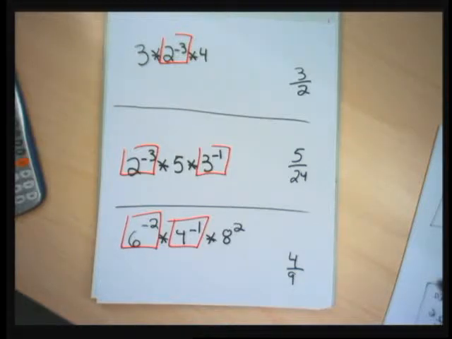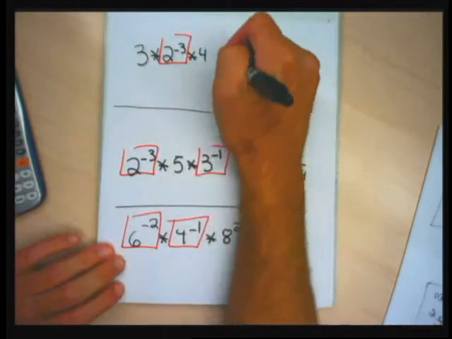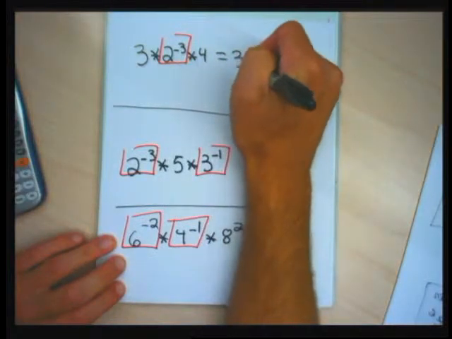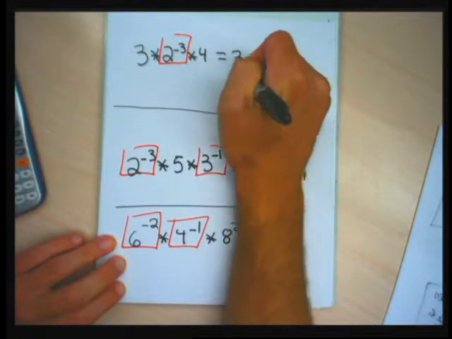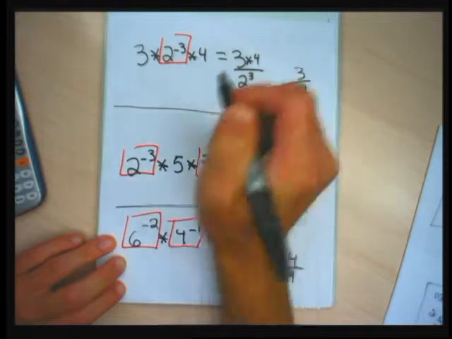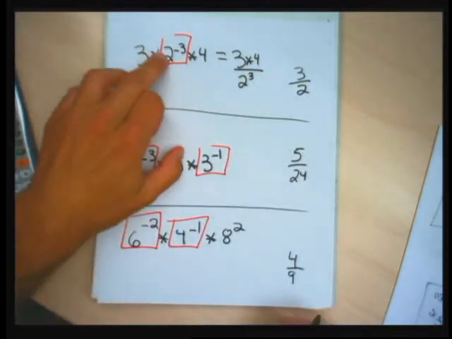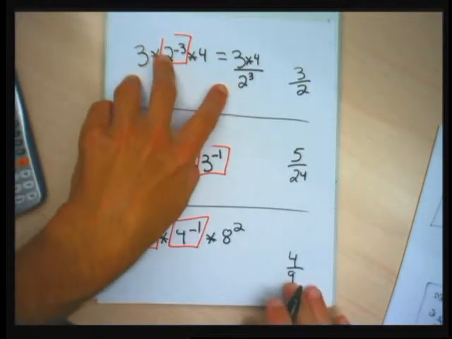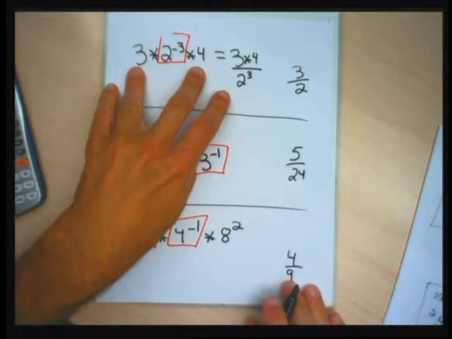The terms without exponents or with positive exponents are going to stay in the numerator. So if I was doing this top one by hand, I would say this is 3 times 4 over 2 cubed. I'm going to take the 2 to the negative 3 power and move it to the denominator. The 3 and the 4 didn't have negative exponents. They don't go to the denominator.